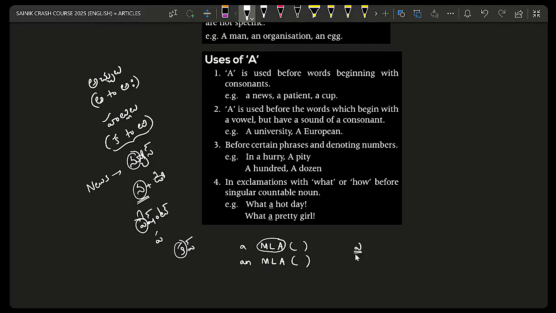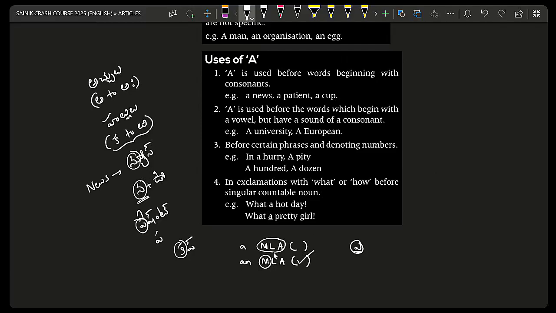You start from A. A is a vowel letter in Telugu. That means if you read MLA in Telugu, the first letter is A, which is a vowel in Telugu. So we have to use a MLA or an MLA. An MLA. If you check only English letters, the first letter is a consonant, but the sound decides, so an MLA is correct.